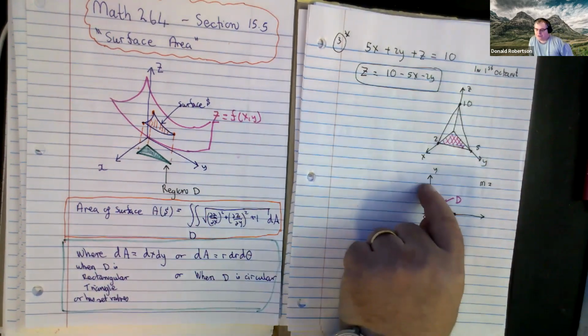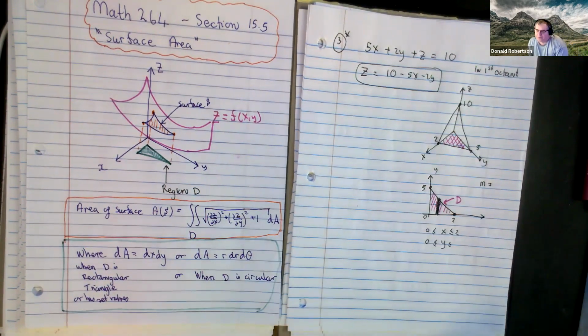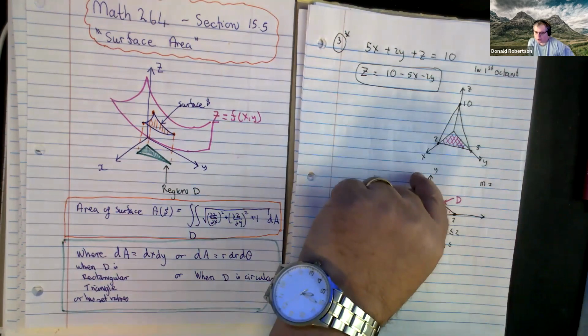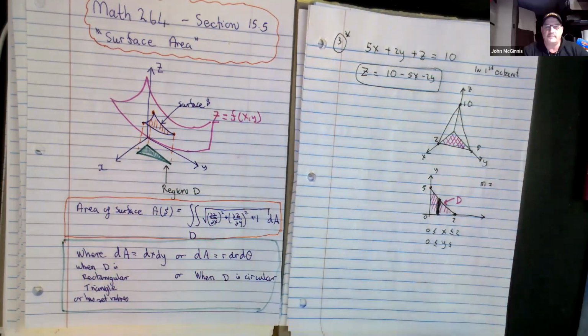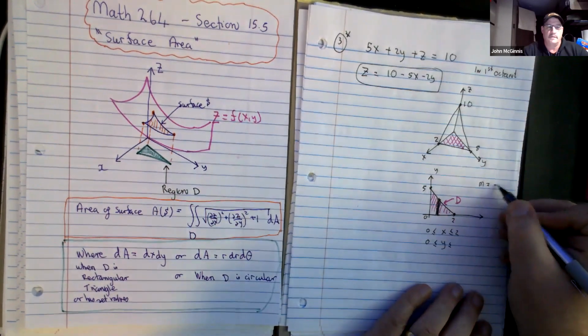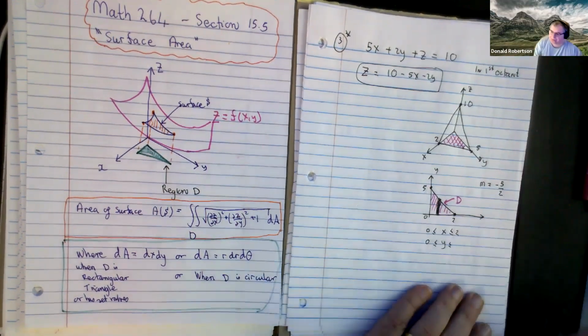Anybody want to tell me the slope of that straight line? Just by rise over run and looking at it. Say again? 5 halves. Yeah. And would you agree it's negative because it's sloping downwards?